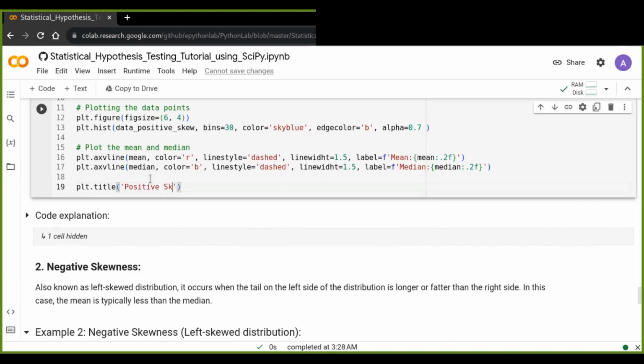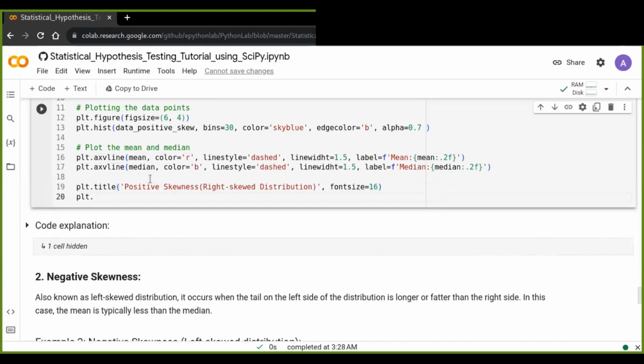Positive skewness, which is a right-skewed distribution. And we can specify the font size, which is 50, and so on.